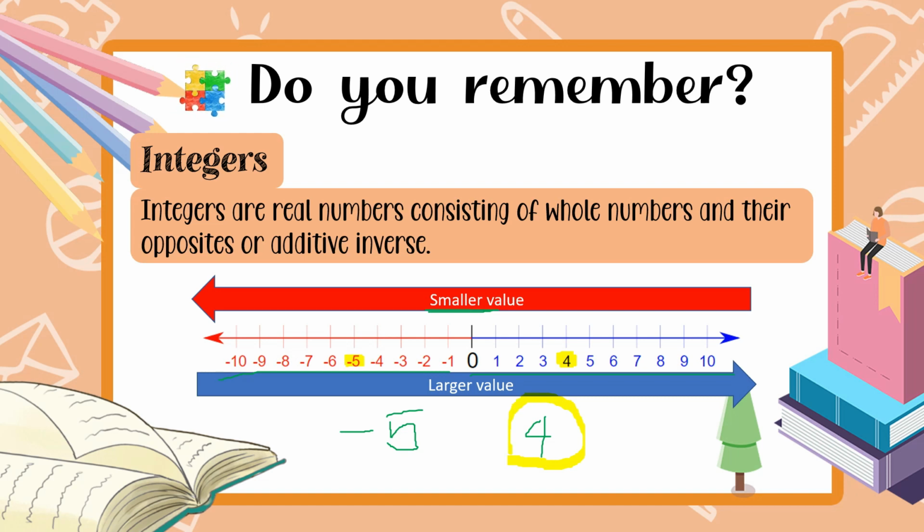So, what comparing symbol are we going to use? So, meron tayo tatlong comparing symbol. We have the greater than. Okay, so yung greater than, ito yon. Nakabuka siya on the left side. We have the less than. Ito naman yun. Nakabuka siya on the right side. And we have the equal to.